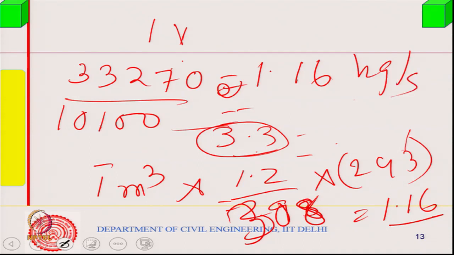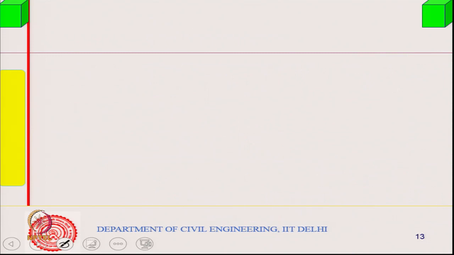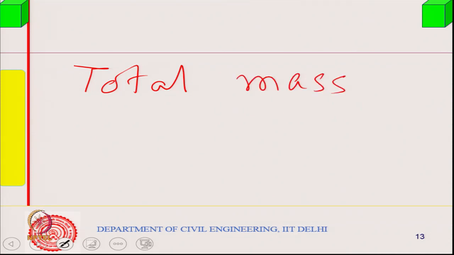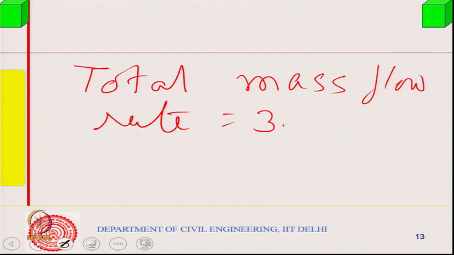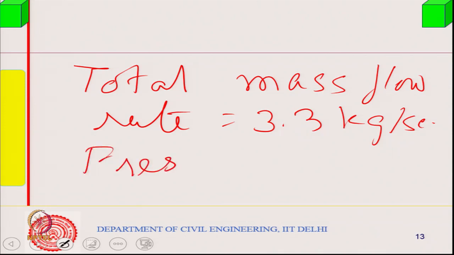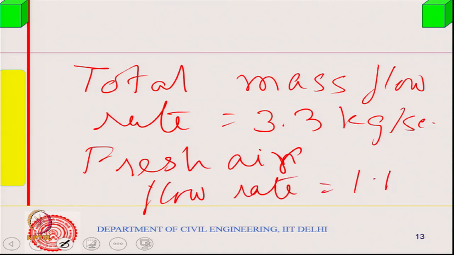Let me just write it now, sum it all up and write it clearly. So, the total mass flow rate is 3.3 kg per second. Fresh air flow rate is 1.16 kg per second.